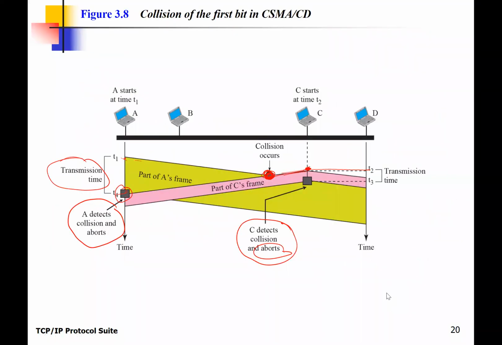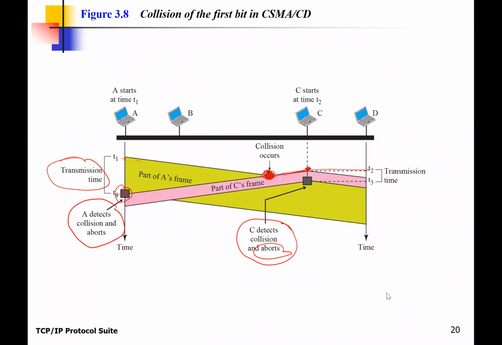Remember at Ethernet, when I finish sending, I assume I'm done. I'm good, I don't have to worry about anything, I don't have to resend. So the problem here is if the transmission time is less than twice the propagation delay.